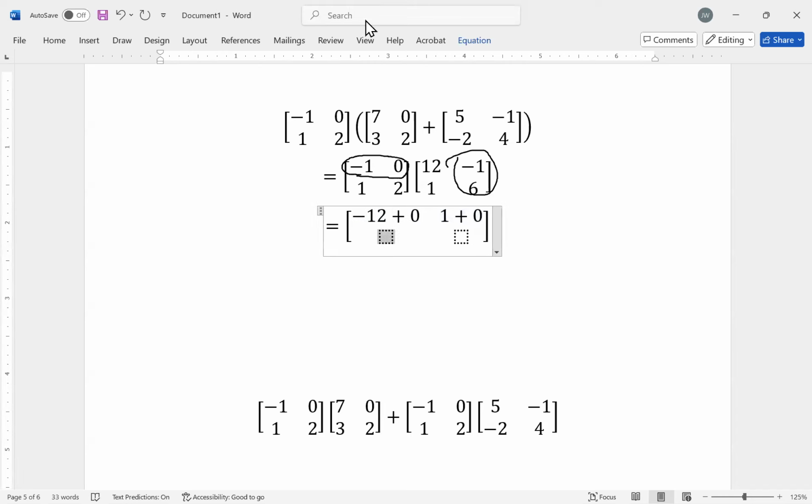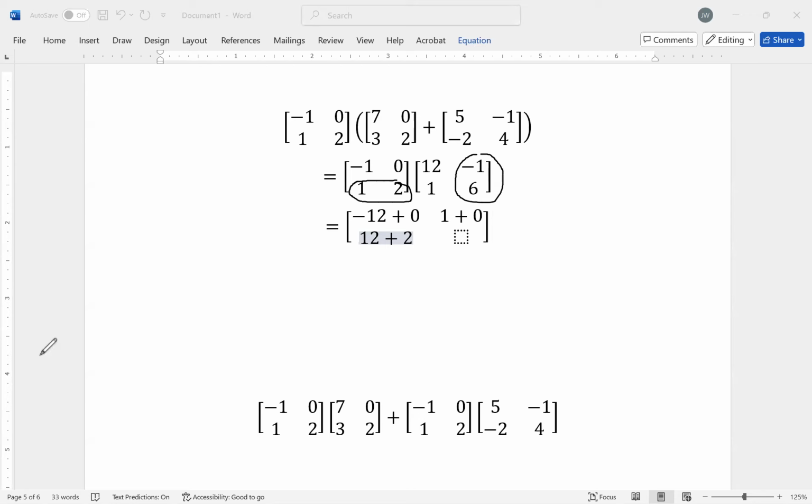And then I move on to the second row. Second row times first column. I won't do the circling every time, but 1 times 12 plus 2 times 1. And then second row, second column is going to give me -1 plus 12.